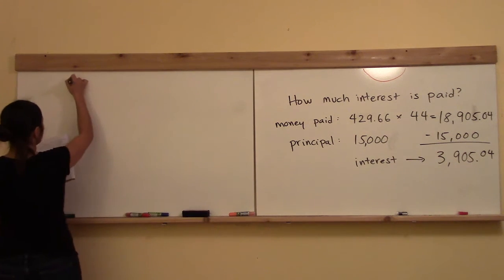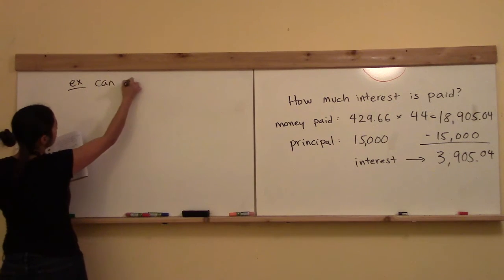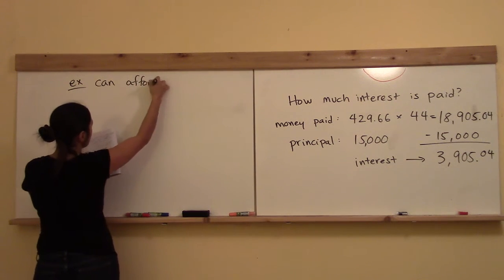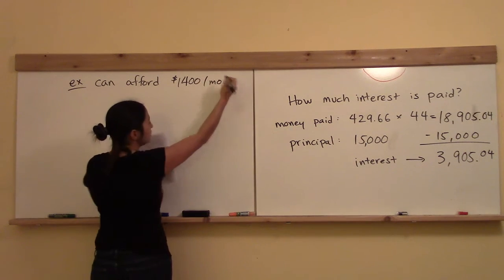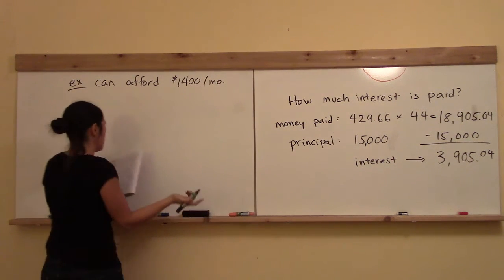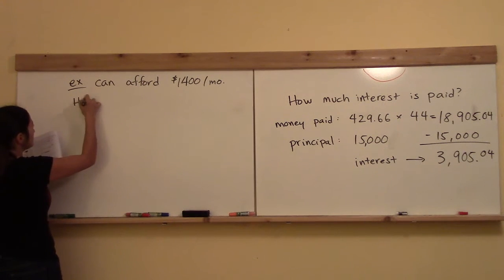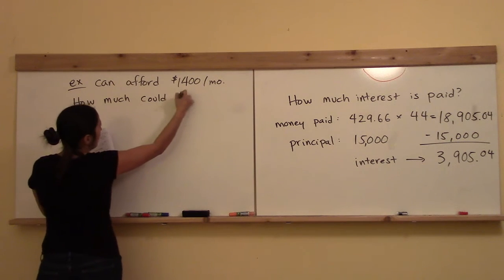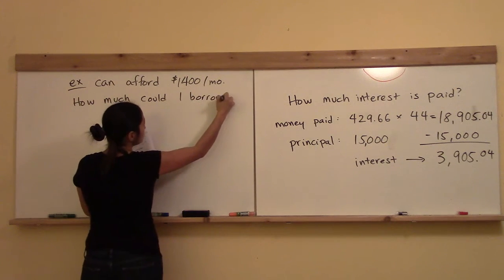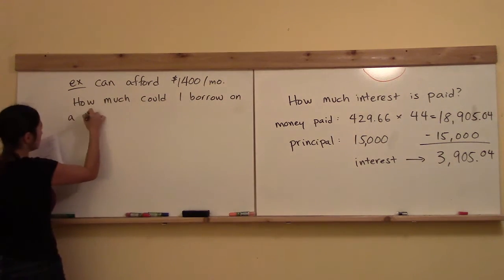Okay? So let's look at an example like that where I already know what I can afford because I'm already inside an apartment and I'm paying $1,400 per month. So I know I can afford $1,400 per month. The question is that if I found an appropriate mortgage, how much could I borrow on a 30-year mortgage?